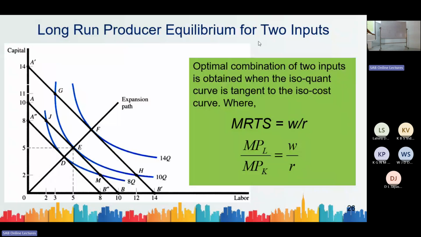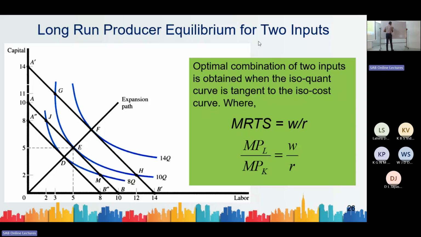Long run producer equilibrium for the two inputs will be there when the isocost curve is tangent to the isoquant curve. When the two curves are tangent to each other, that is the point where the long run producer equilibrium is found. We have this isocost curve and we have this isoquant curve.